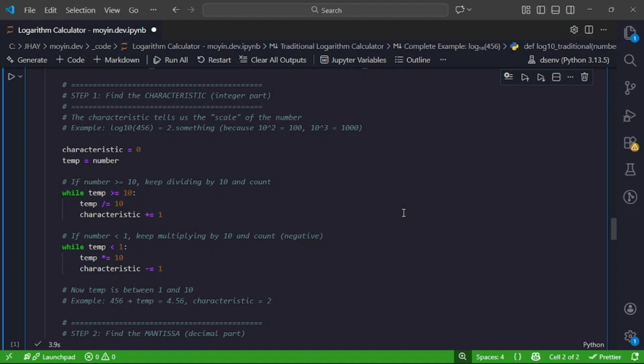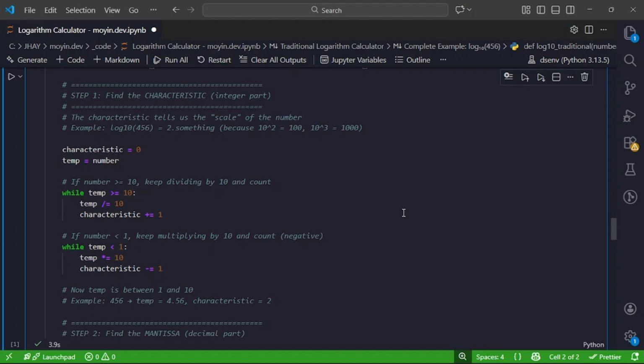For numbers less than 1, it's the inverse. You want to see how many times you can multiply it by 10 to get to greater than 1. So a number like 0.5, if you simply multiply by 10, you get 5. So that means the characteristic is -1.